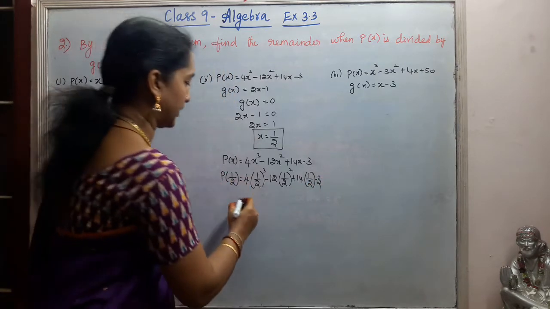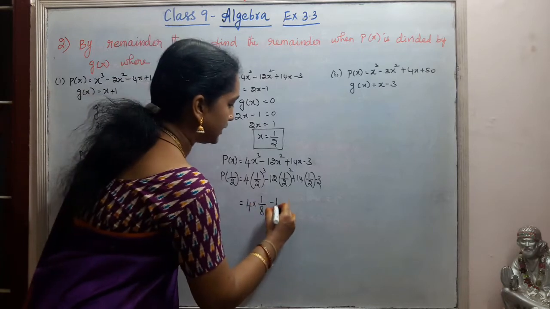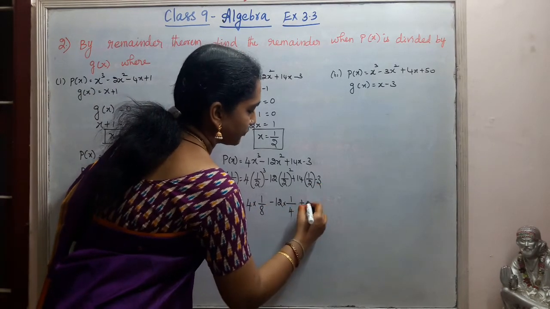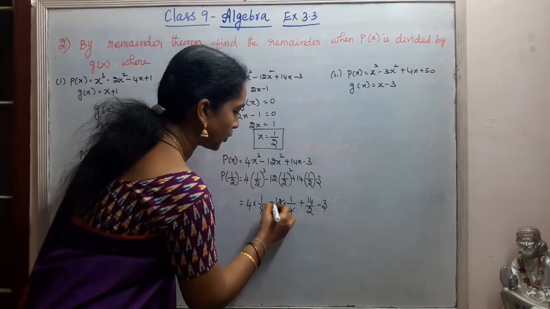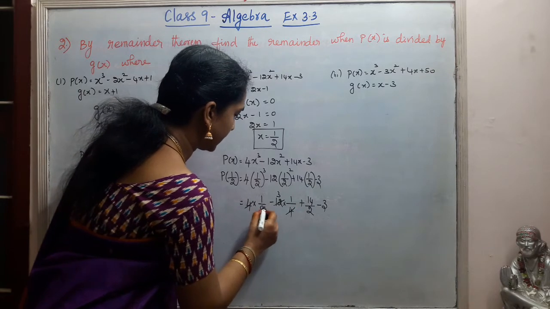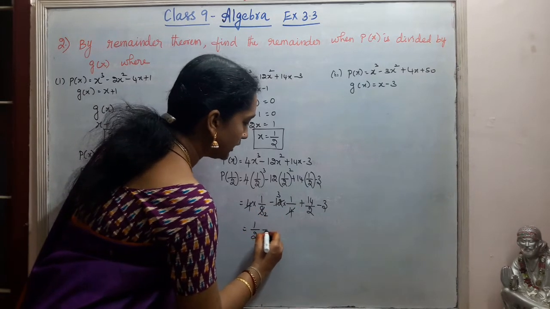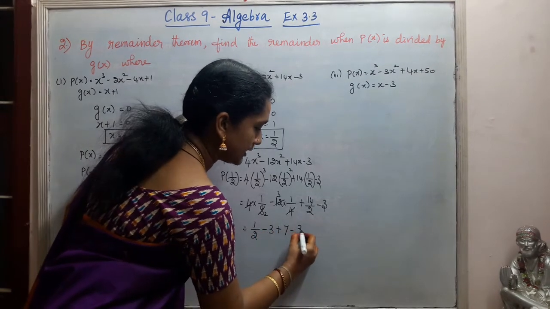Now we will simplify this. So this is equal to 4 into 1 by 8 minus 12 into 1 by 4 plus 14 by 2 minus 3. So this one is 4 3s are 12 and this one we will get it as 4 2s are 8. So we will get 1 by 2 minus 3 plus 7. 14 by 2 is 7 minus 3.